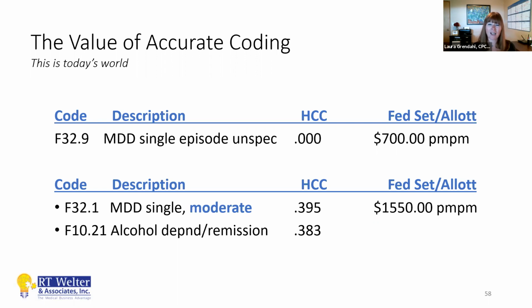But then if we actually go in and we've gotten more specificity in our documentation and we're able to code this to now it's a single moderate, but this patient also has alcohol dependency in remission. Now all of a sudden we've more than doubled the reimbursement rate for this patient in a single year.